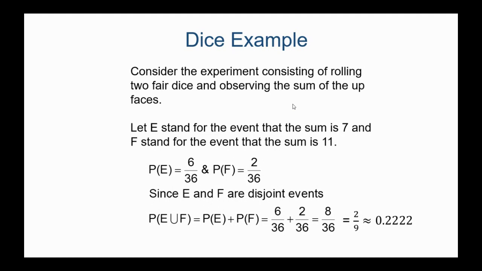And that would give us the probability of getting a sum of 7 or a sum of 11. So 6 out of 36 plus 2 out of 36 equals 8 out of 36, and then we reduce it down to 2 over 9, which is approximately 0.2222.